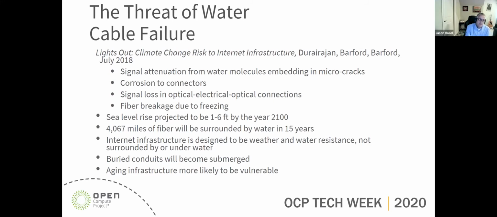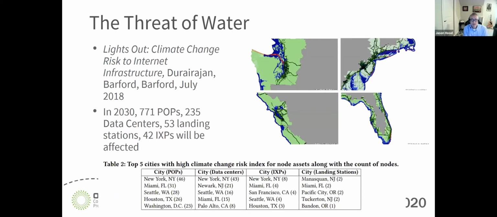It's a very nice paper on the topic. It also highlights that in 2030, 10 years from now, 771 POPs, 235 data centers, and 53 landing stations will all be threatened by rising sea levels. And this chart shows a list of some of the cities that would have some effects from rising sea levels in the near future.